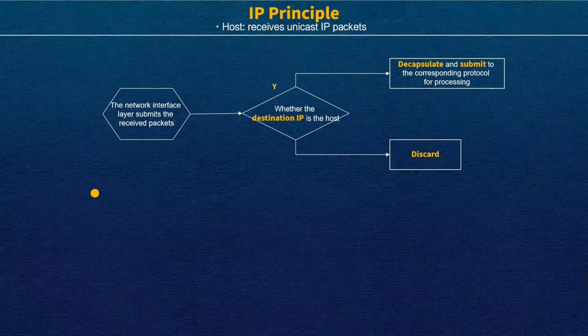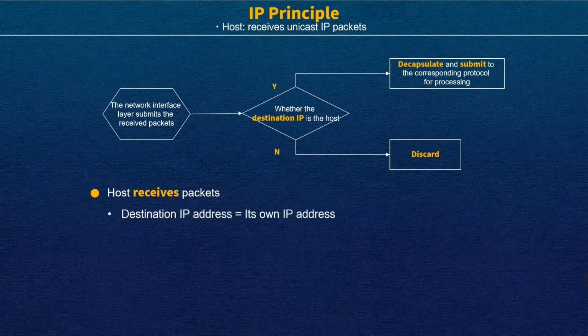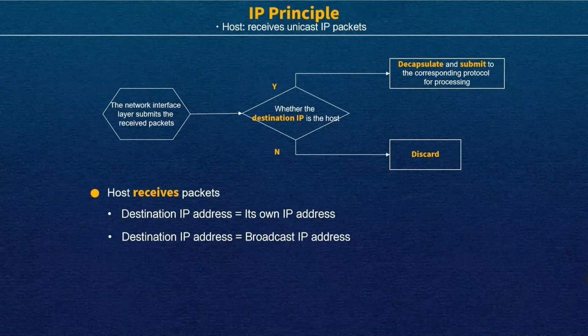So, what does yes mean? We have to check the packet information. If the destination IP is its own IP, that means I need to check the packets. The second scenario, if the destination IP address is a broadcast IP address. Broadcast means if you are in the broadcast domain, you are also a member of the domain.